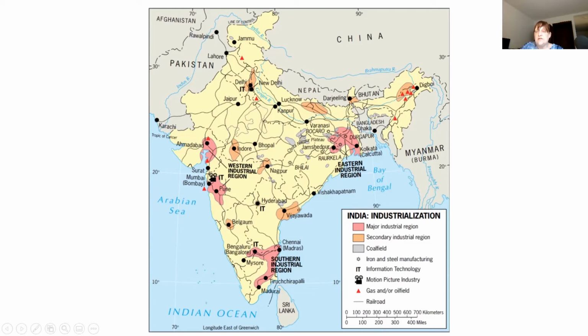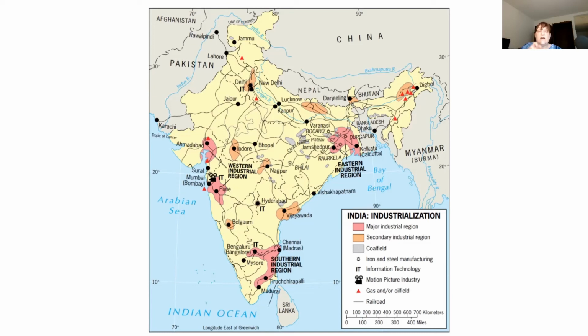If you look at the southern industrial region, that was the area where you could go between Sri Lanka and India to go along that section of the coast. So it was set up during the time of colonialism. And you can also see the trains that they have and the iron and steel manufacturing that is taking place in the area. So you can see where these nodes are present right now.